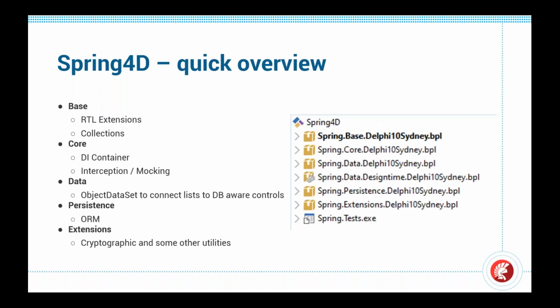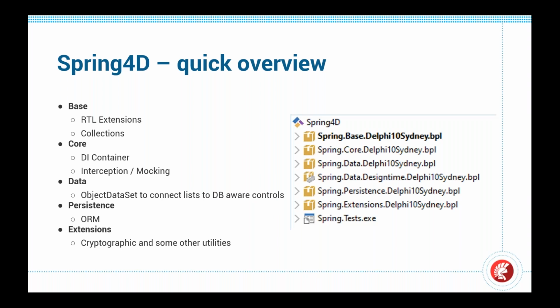Well, a quick overview of what is in the entire package of Spring4D: there are different runtime packages. That doesn't mean you have to use runtime packages with your application. It's just to organize the source inside the library. There's the base package that contains RTL extensions, goodies that are inspired by some other languages or are not in the RTL already.